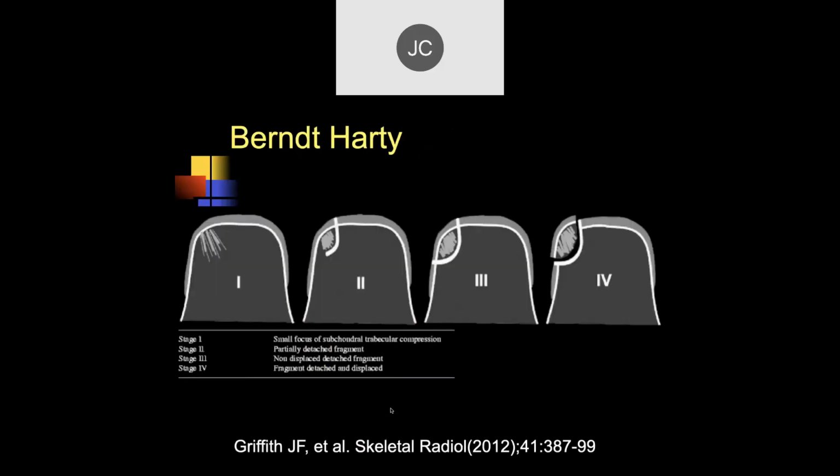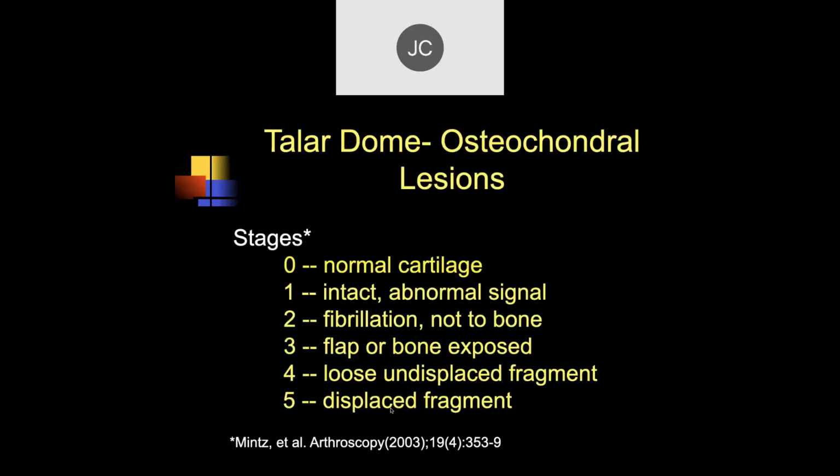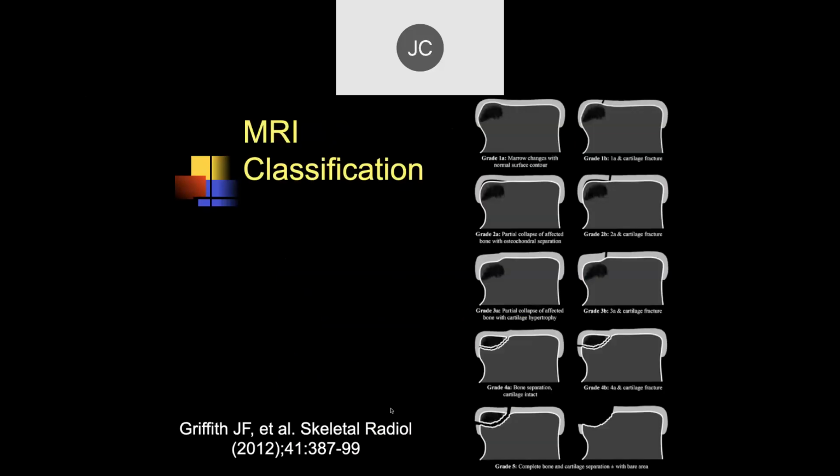So I prefer just to describe the findings with these in mind. And it gets a little confusing saying what stage it is if you don't know what classification people are using. There's an MR classification from Griffith et al., which is a little bit more discrete, talking about different types of delamination of the articular cartilage.